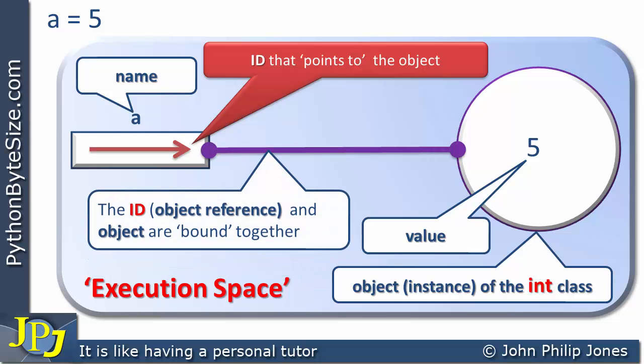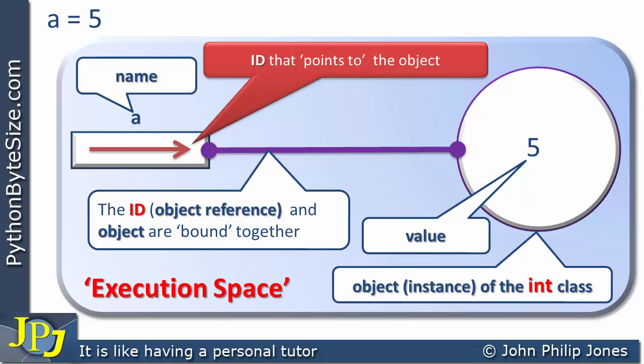So what we will have is the ID, which is the object reference, and the object are bound together, as you can see here. Now A is in fact an instance of an integer class, and the relationship between the name and the object is represented by an ID.